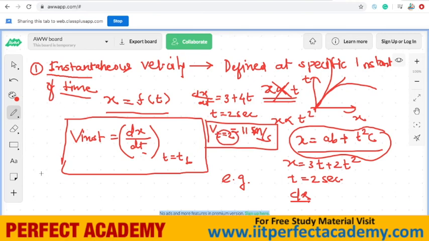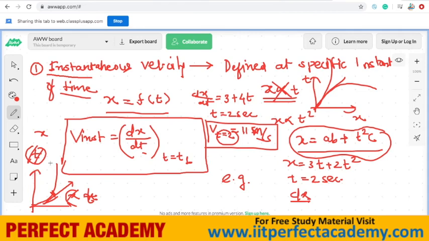Now graphically, if I have an x versus t graph, and if that graph is something like this, at any particular point, if I draw a tangent, the slope of that tangent, remember once again, here we have plotted t on the x axis and x on the y axis.